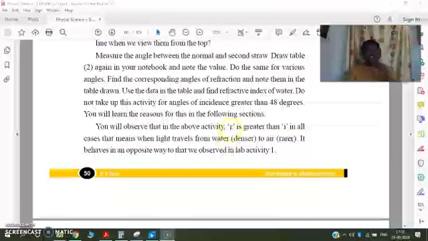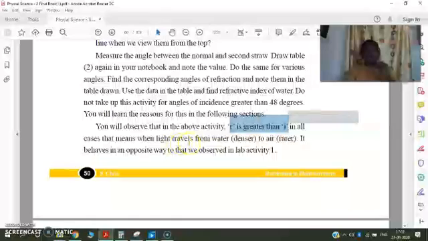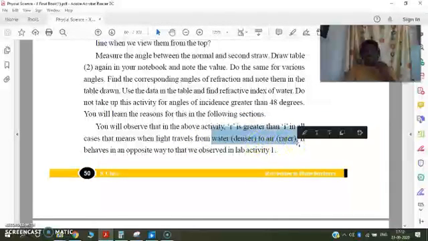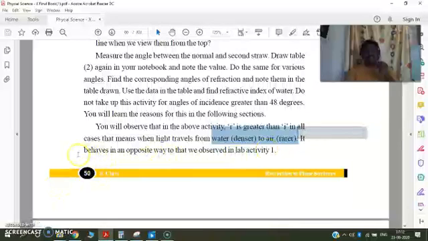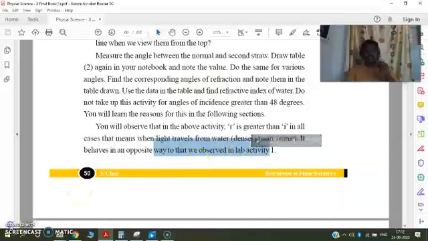In this activity, you observed the angle of refraction is greater than angle i in all cases when the light ray travels from water, the denser medium, to air, the rarer medium. It behaves in the opposite way to what we observed in lab activity 1.